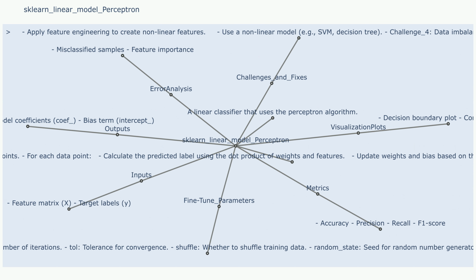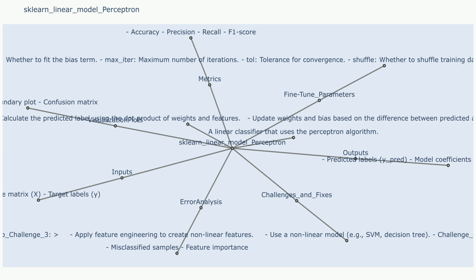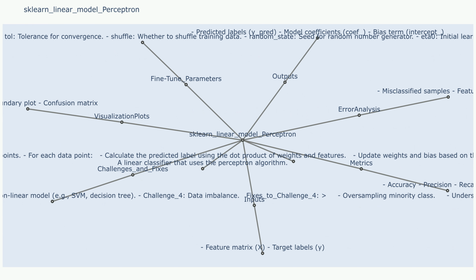If the prediction is incorrect, it updates the weights by adding the features of the misclassified sample to the weights if the prediction was -1, or subtracting them if the prediction was 1. The algorithm repeats these steps until the weights converge or a maximum number of iterations is reached.